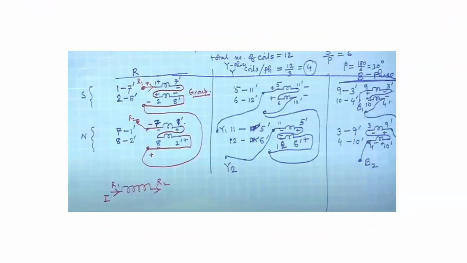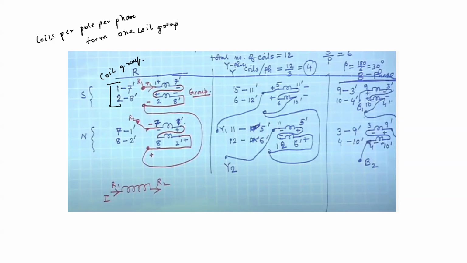Here you can see, so I'll tell you, this is called a coil group. Basically, coils per pole per phase form one coil group.